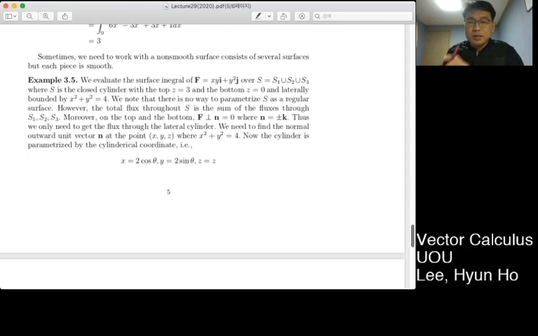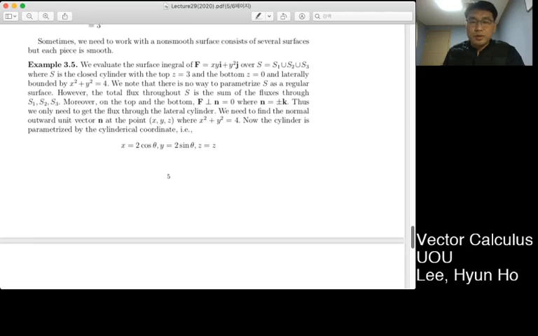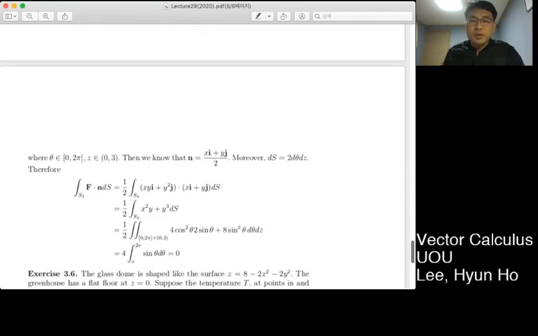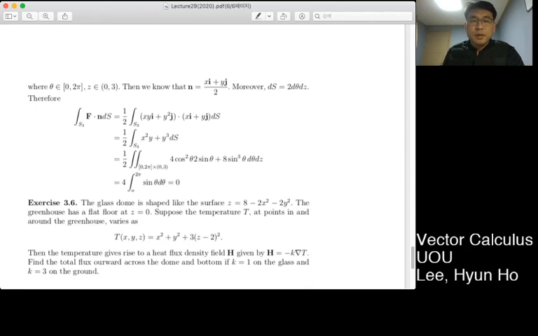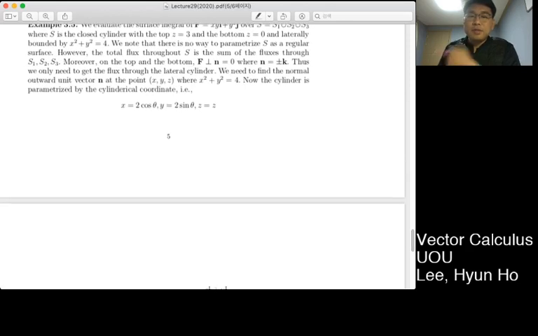And theta is from 0 to 2 pi, and z is what? 0 to 3. Okay, so the top was z equals 3. So theta is from 0 to 2 pi, and z is 0 to 3, right? And we know the normal vector in this case.